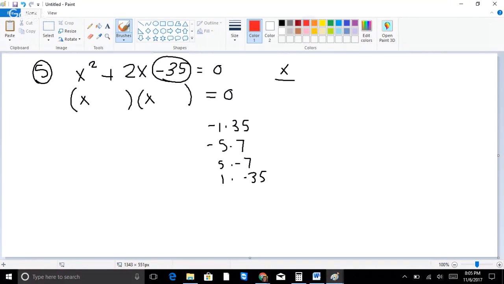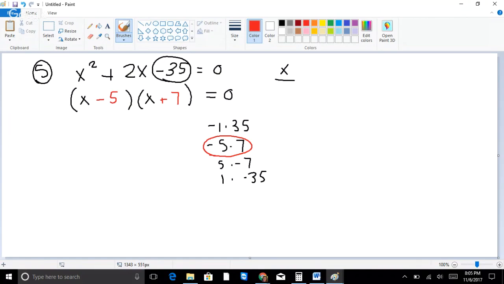So which combination of these added together gives me a positive 2? If I do negative 5 and positive 7, so x minus 5 and x plus 7, and if you FOIL that to check it, this is the factor of that, okay? So I factored it. Wonderful, right?